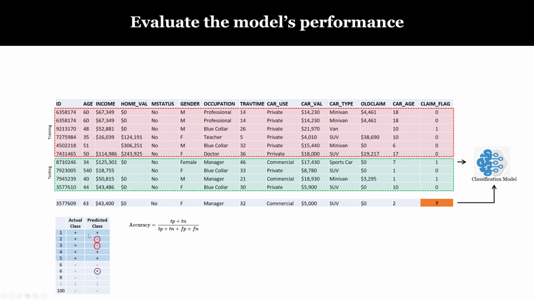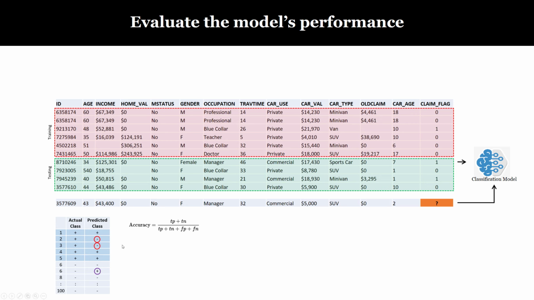So here the true positive is, if it's originally positive and detected positive, this is a true positive. And if it's negative and predicted negative, this is a true negative. And that's what we are looking for, to have more true positives and true negatives.